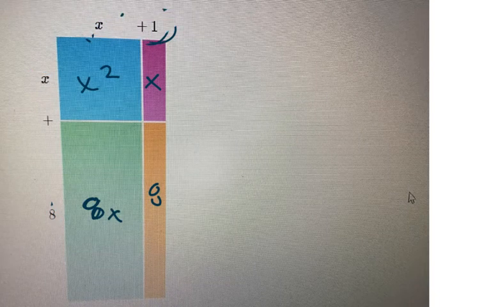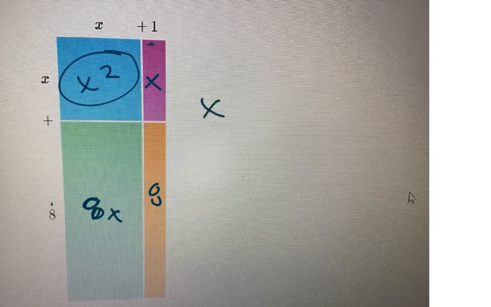All right, let's do at least one more of these area models. I'm going to do x times x is x squared. 1 times x is 1x. x times 8 is 8x. And finally, 1 times 8 is 8. Clean that up a little bit. And so now that I'm basically done, I'm going to take x squared.